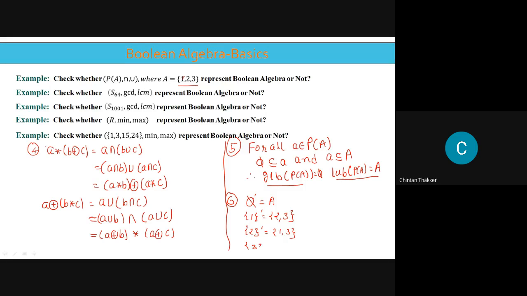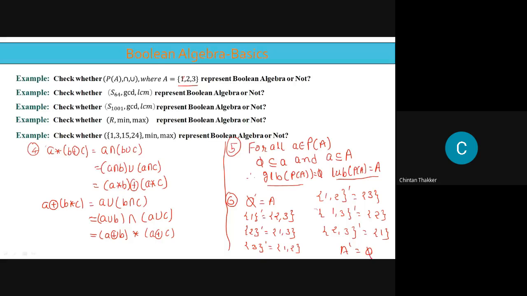Singleton 3 dash is 1 and 2, and vice versa: double term 1 and 2 dash is singleton 3, double term 1 and 3 dash is singleton 2, double term 2 and 3 dash is singleton 1, and A dash is phi.